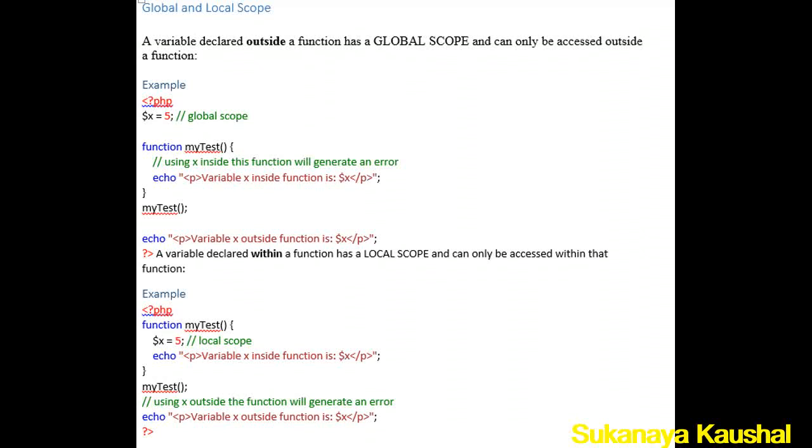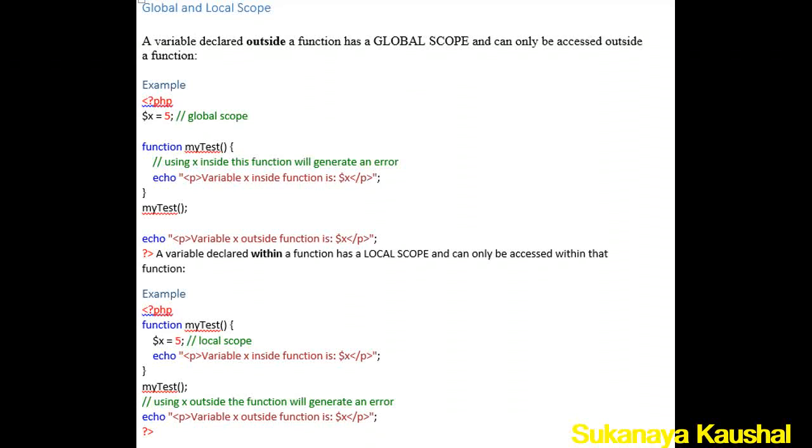A variable that is declared outside a function has a global scope and can be accessed outside of a function. In the PHP example we start with the angle bracket and question mark, and then a variable with an integer value that has global scope because it is outside the function.